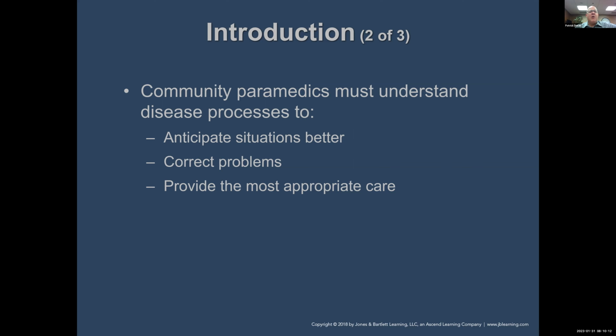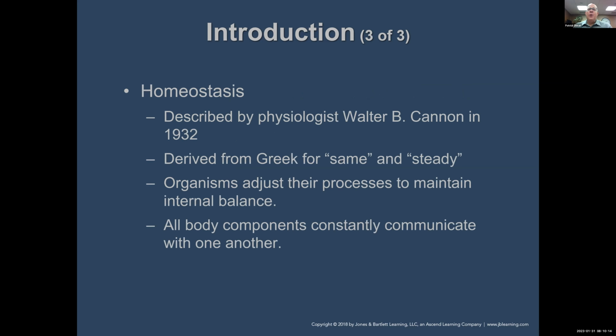provide the appropriate care. I think we all know what homeostasis is. Cannon defined it back in 32, it says here, but it's Greek for the same or steady. And that's our body. We want to have it in a steady state.